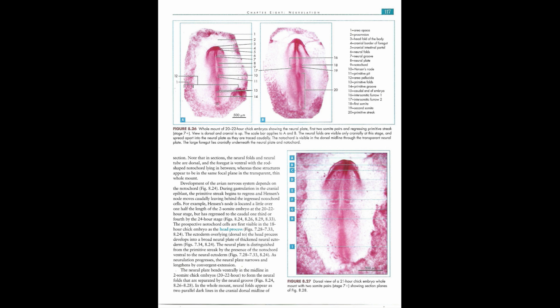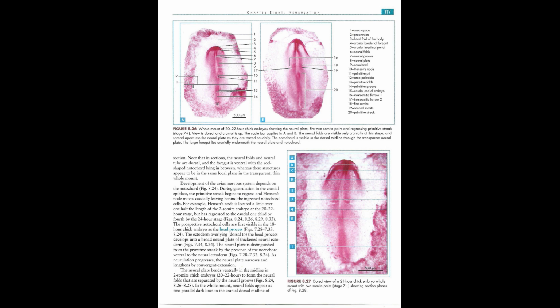As neurulation progresses, the neural plate narrows and lengthens by convergent extension. The neural plate bends ventrally in the midline in 2-somite chick embryos, 20-22-hour, to form the neural folds that are separated by the neural groove, Figs 8.24, 8.26 to 8.28.